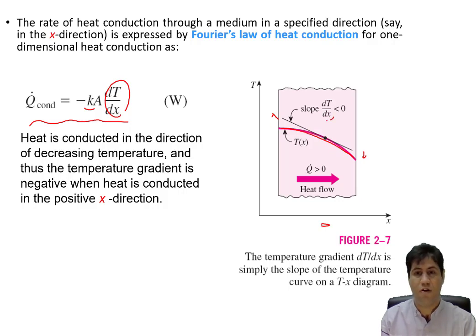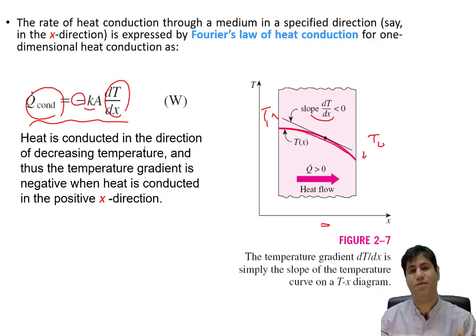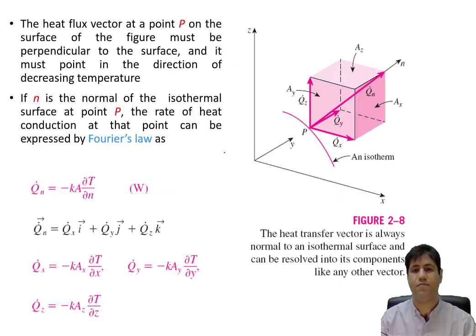This slope, or T2 minus T1, is usually negative, but we know the heat transfer is in this direction. So to have a positive value for q dot, or rate of heat transfer, we add this negative sign here. I have already discussed this in the previous chapter. So we just recall the Fourier law of heat conduction here for an element like this.